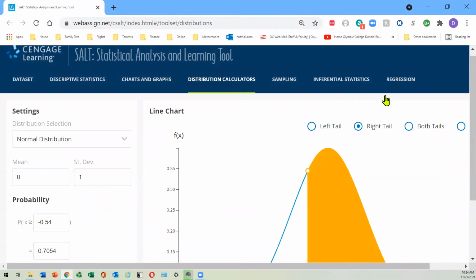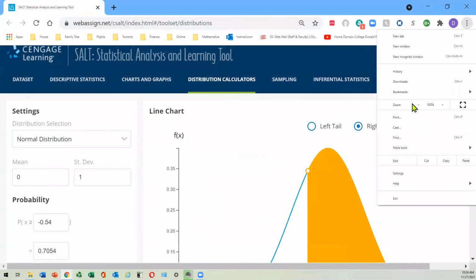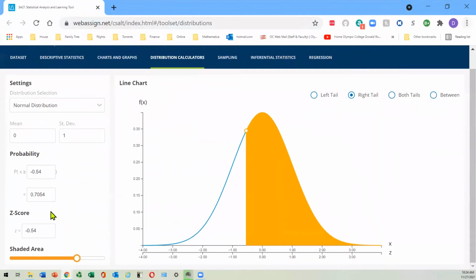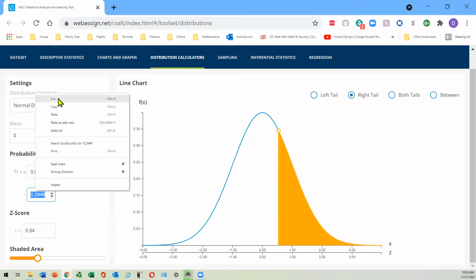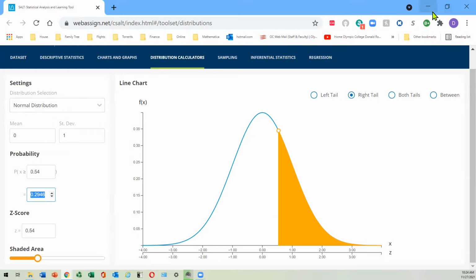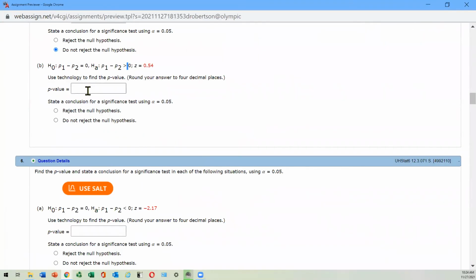Right field, greater than. And the answer we got is this fella. And that is definitely not less than significance of 0.05, so we won't reject it.